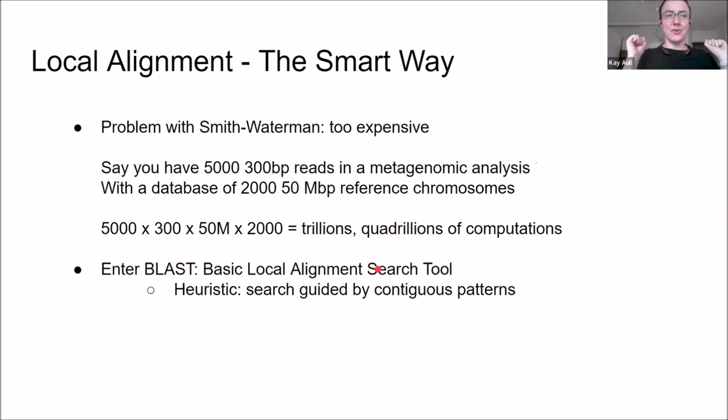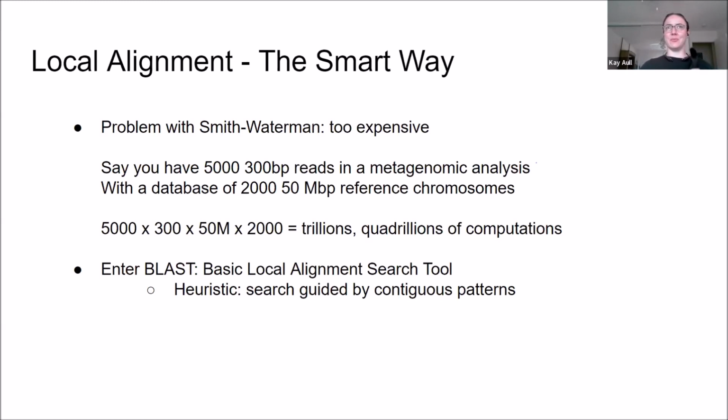All right, so I want to do local alignment of sequences. Let's do it the smart way. Doing it the way I showed you with the Smith-Waterman and the full grid and the exact answers is just computationally expensive.